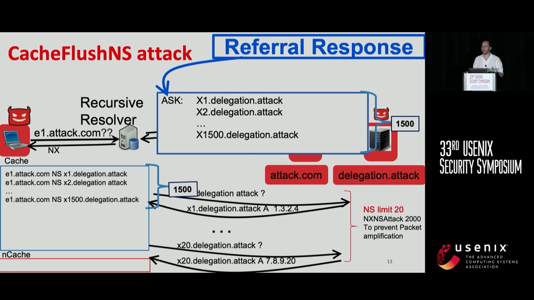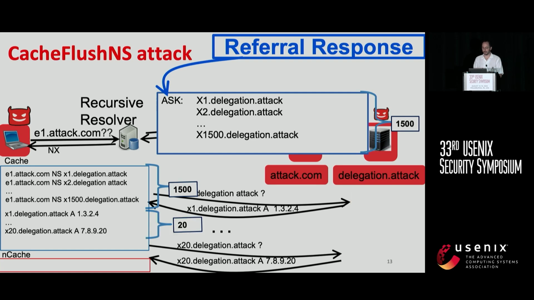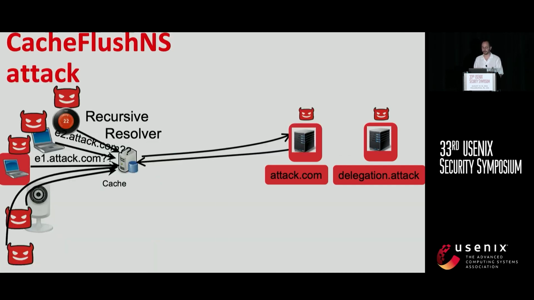This 20 is a limitation that is a mitigation for another attack called NS attack. The recursive resolver also saves these 20 domains in its cache. And finally, because there is no answer, the domain is saved in the negative cache.